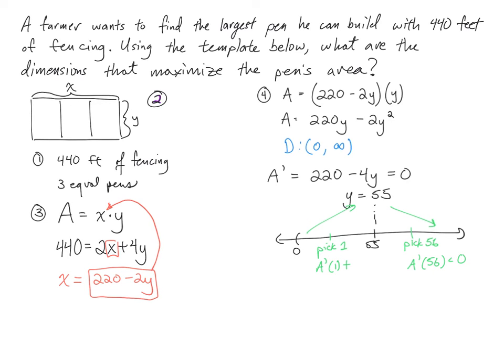That's exactly what we were looking for. So y equaling 55, we can use this value over here in our equation that's already solved for x, and we can get an x value of 110.